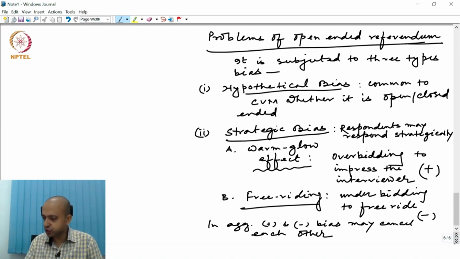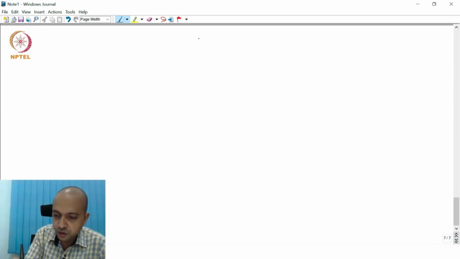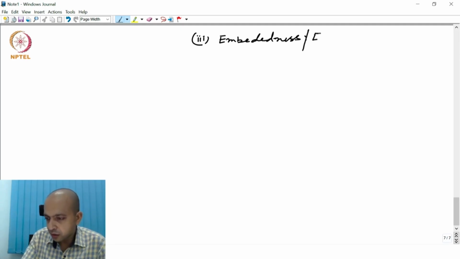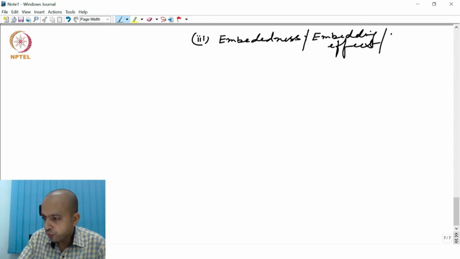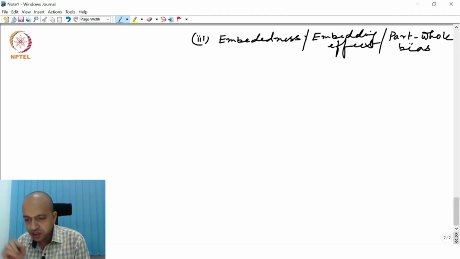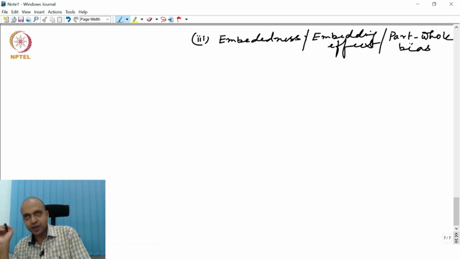Then the third type of bias that is also involved in open-ended referendum is called embeddedness, or sometimes the embedding effect, or part-whole bias. Right? What is this? So first I will explain with an example.